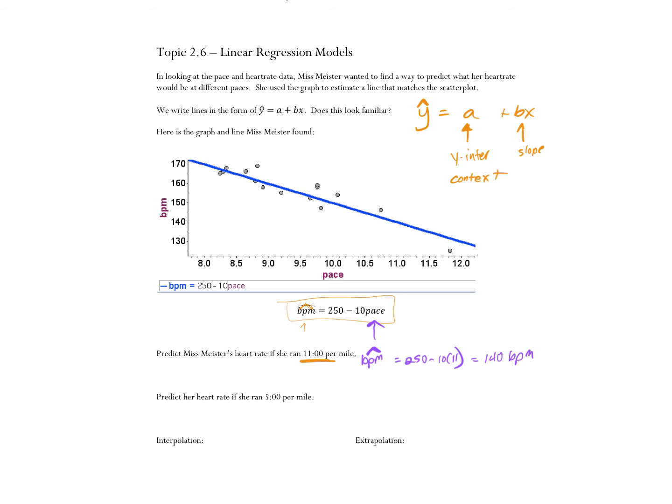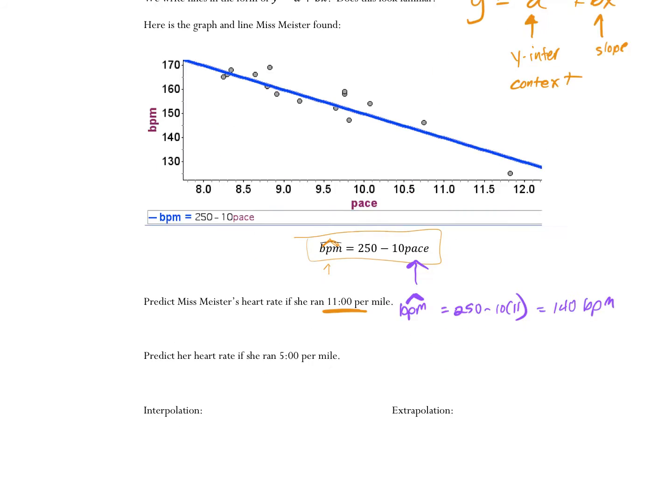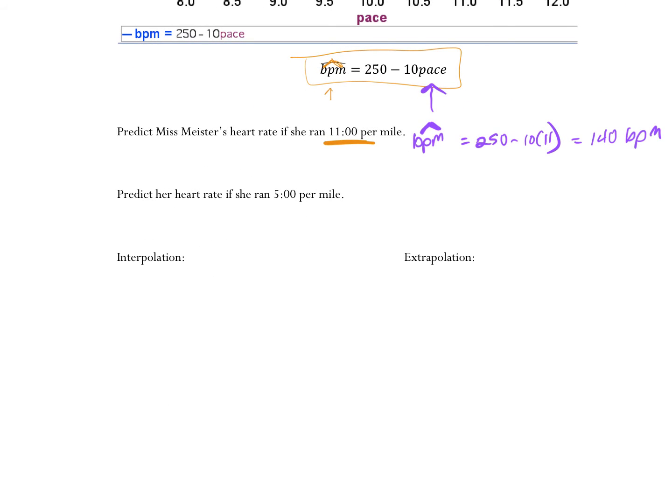What if I asked you to predict my heart rate if I'm running a 5-minute mile? 200 beats per minute.